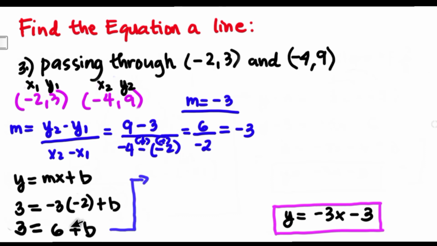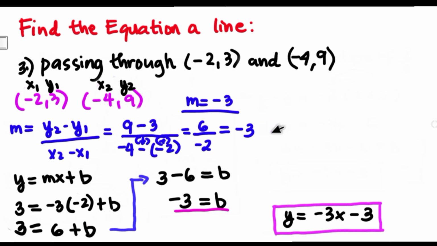And then, since b lang kailangan natin dito, using addition property of equality, magiging 3 minus 6 is equal to b. And then 3 minus 6 is negative 3. So, yun po yung y-intercept.